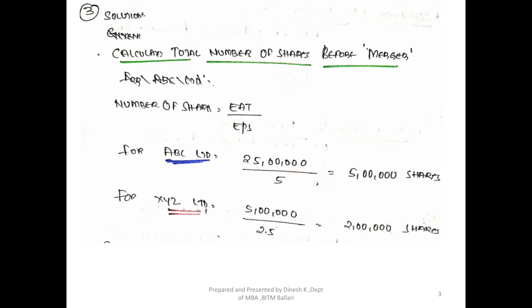Since the two values are given in the question, for ABC Limited, the acquiring company, 25 lakhs is the earnings after tax divided by EPS of 5. It comes out to be 5 lakh shares, whereas for XYZ Limited, 5 lakhs divided by 2.5 comes out to be 2 lakh shares. This is the input that we would like to know before we proceed on to sub-question 1, right? Let's move on to sub-question 1.